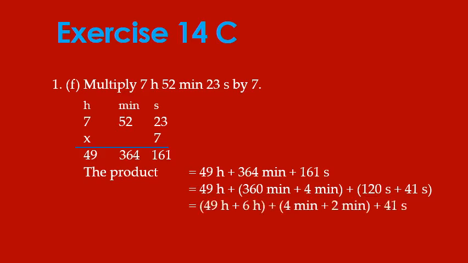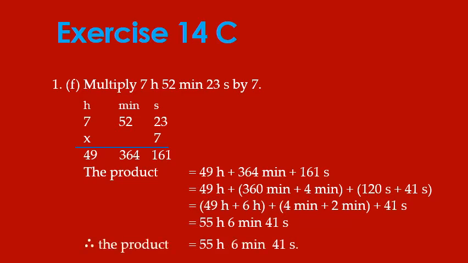So 49 hours plus 6 hours plus 4 minutes plus 2 minutes plus 41 seconds. Therefore 49 hours plus 6 hours is equal to 55 hours. 4 minutes plus 2 minutes is equal to 6 minutes, and 41 seconds. So the product is equal to 55 hours, 6 minutes, 41 seconds.